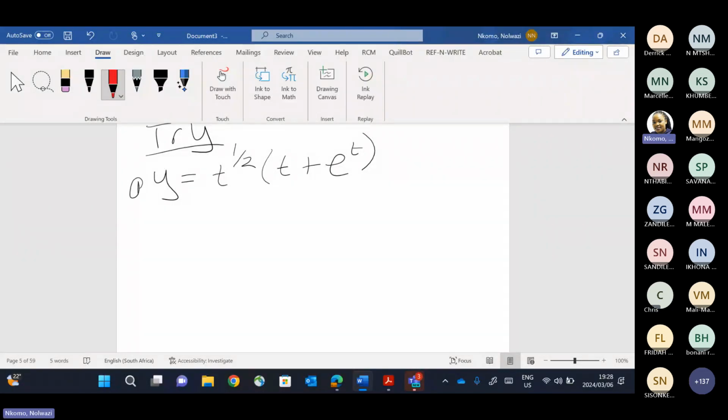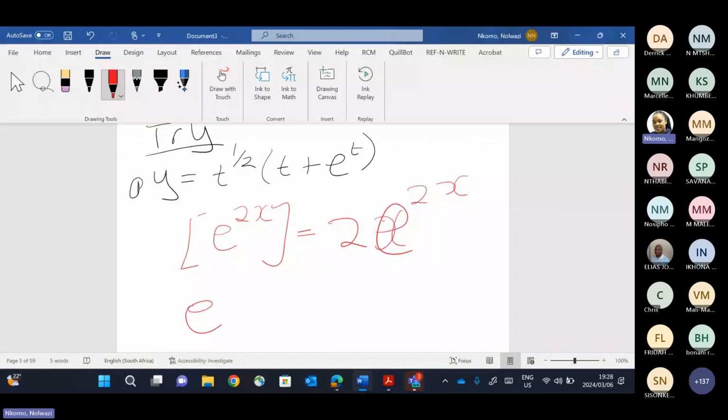No, because remember when I was doing those rules at the end, I said I'm still going to show you how to differentiate something like this. Here you'll get 2e to the power 2x.